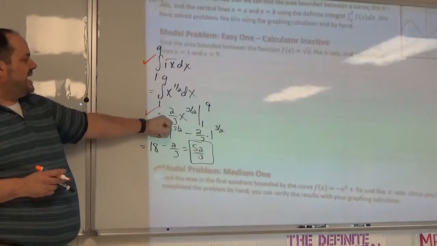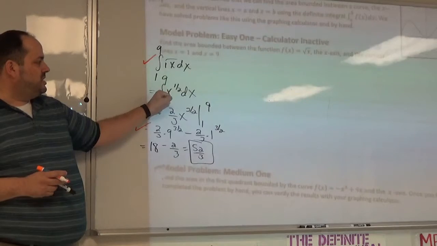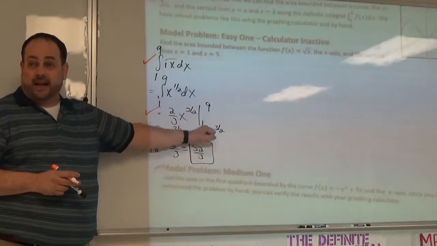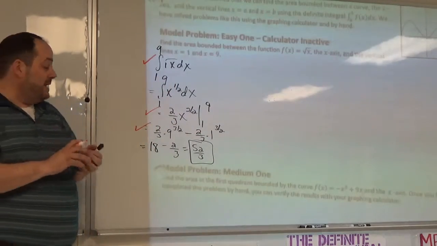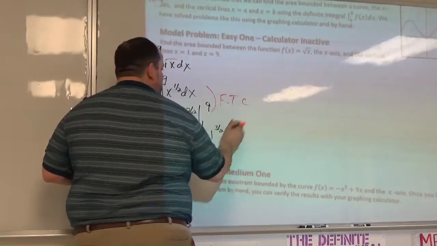So what I hear you saying is you're applying the fundamental theorem of calculus here to say what function has x to the 1/2 as its derivative, and then I evaluate at the top and I evaluate at the bottom and we're done. And the reason that we can do that, Victoria, you're 100% correct, is the fundamental theorem of calculus.